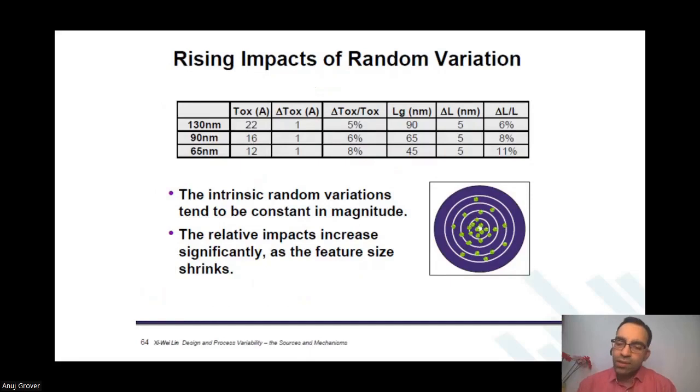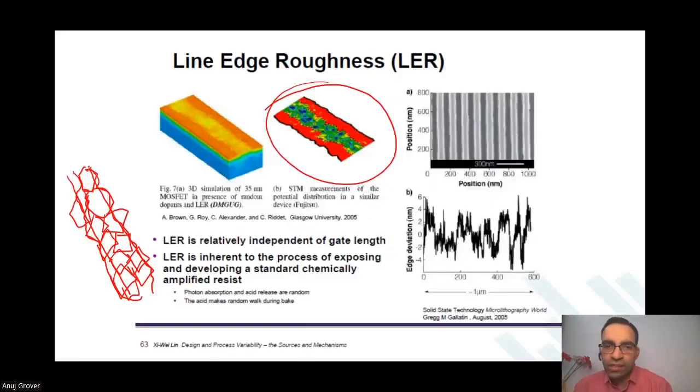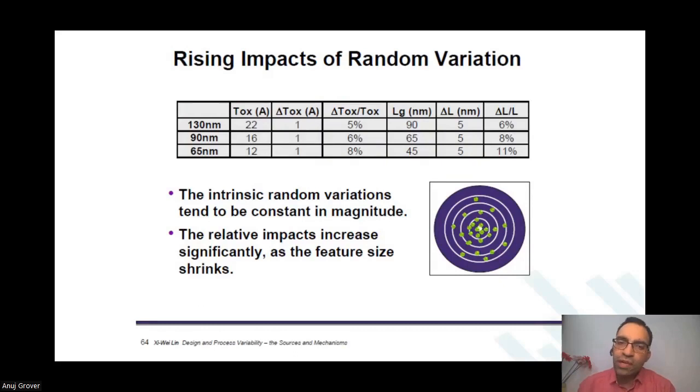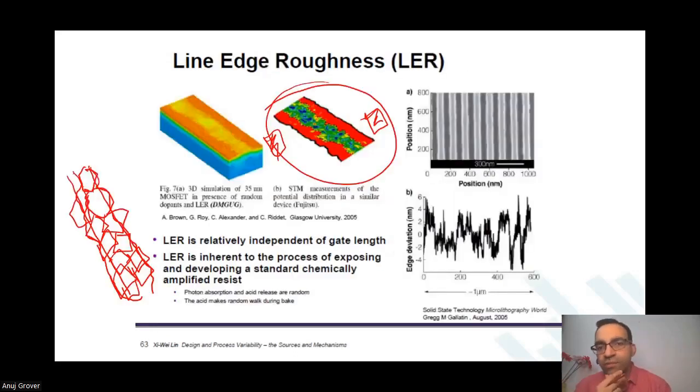What does this mean? This means that the length, effective length, is changing. Now let us say there was a contact over here. And in another device, there was a contact over here. The effective length of the gate for transmission of current from source to drain, from one contact to the other, is going to be different for every device. Are you able to see this?